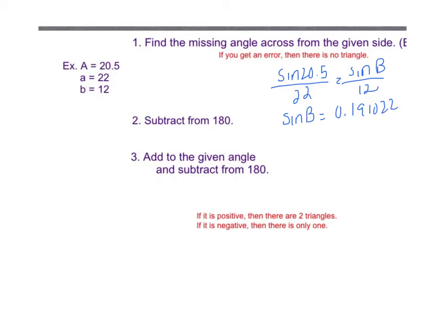Well, yes it is. So second sine, put this in for second sine, angle B is going to equal 11.012, and if you're okay, I'm just going to call it 11 degrees. All right. Number 2 says subtract that angle, angle B, so I'm going to do 180 minus B, and B is 11, so that's going to give me 169 degrees.